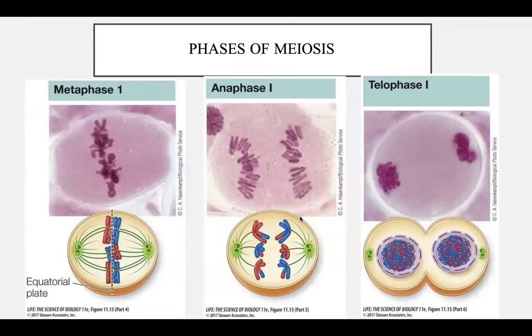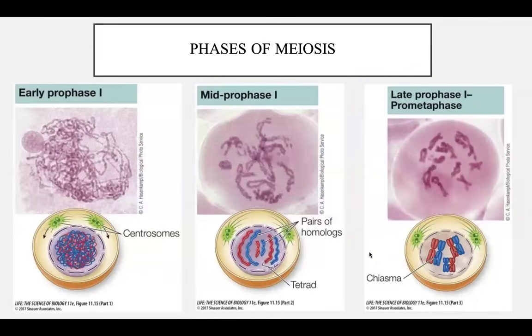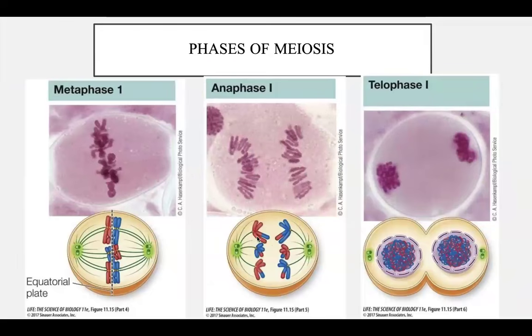So, if we look here, in late prophase, prometaphase, there's something known as the chiasma. The chiasma is the site of crossing over. And as you see here, you have your red chromosomes and your blue chromosomes. But now, some of the red chromosomes have some of the blue chromosomes, some of the blue chromosomes have some of the red chromosomes, etc. This is known as crossing over, where your maternal and paternal chromosomes exchange DNA segments with each other.